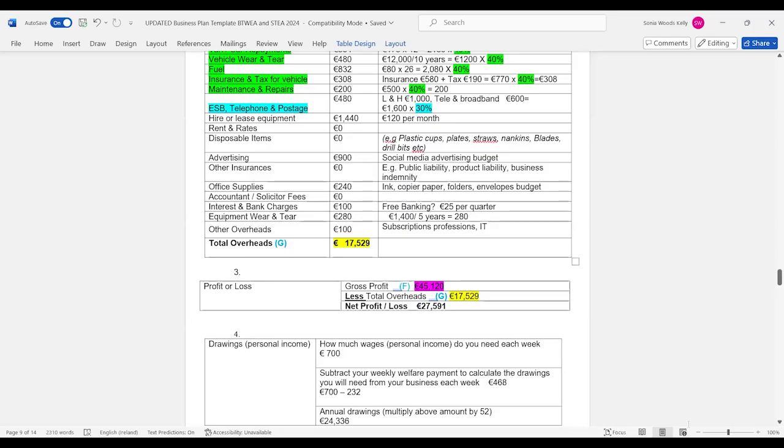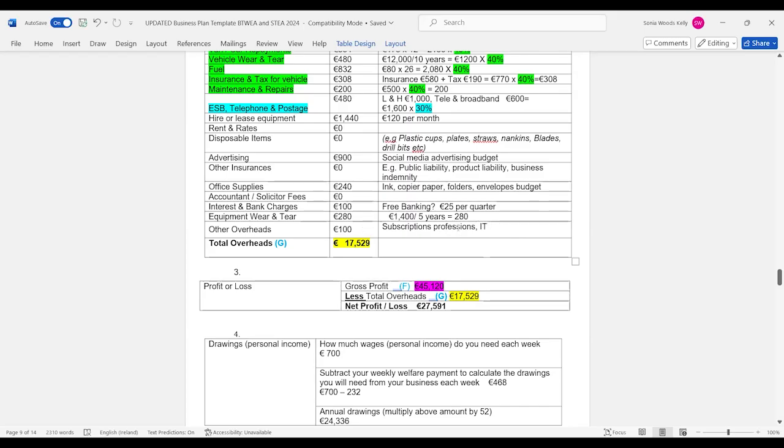Now, the last item here is your overheads. If you expect to have other expenses that haven't been itemized up above, they will go into this section here of other overheads. So anything you have, just include a description here, and once again, estimate an annual amount.